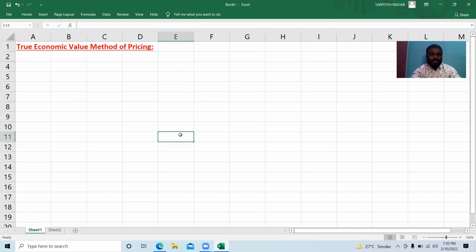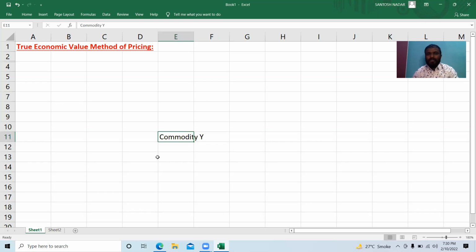Suppose you are producing one commodity, suppose that is commodity Y. You want to price this product. You want to fix a price for this product, a selling price for this product. So in the true economic value method of pricing, what we do is we see what exactly is the price of a similar commodity already available in the market.